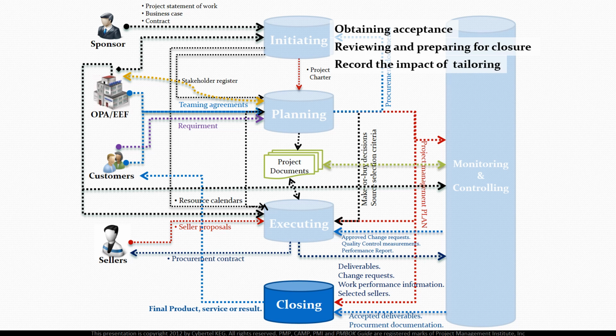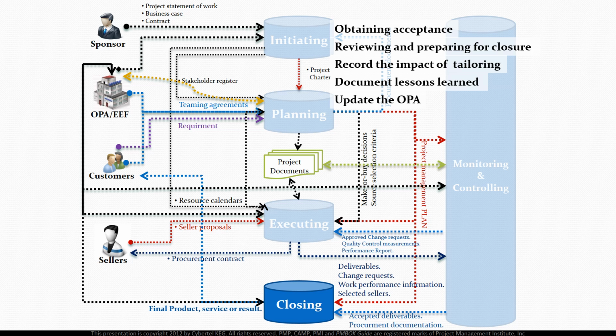We also have to document lessons we have learned during conducting the project work. We should also update the organizational process assets. For example, this should be done in case you missed some procedure or policies in your project, or some criteria are no longer needed in the organization process assets.